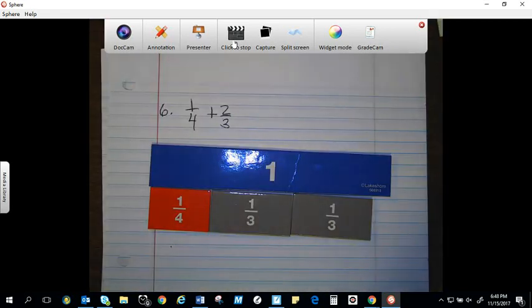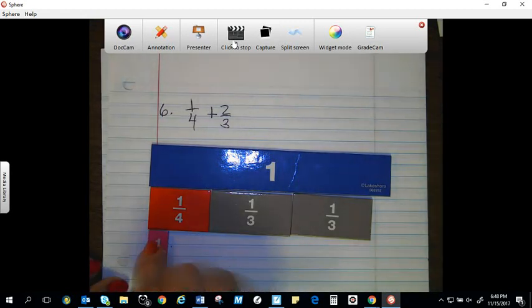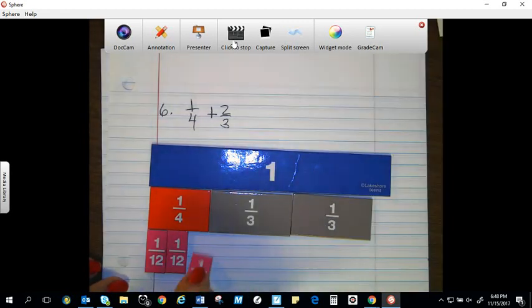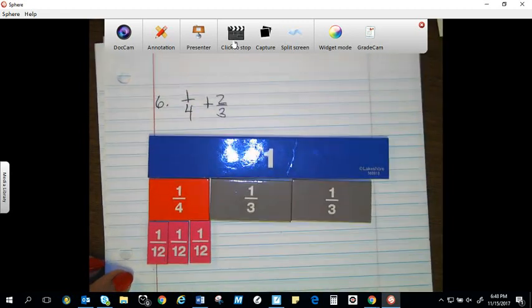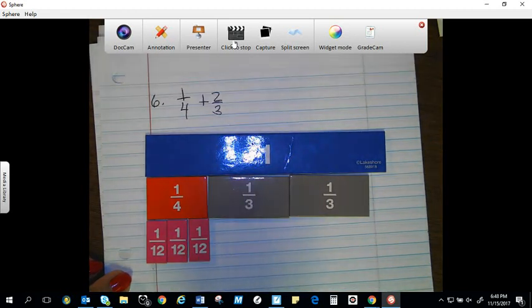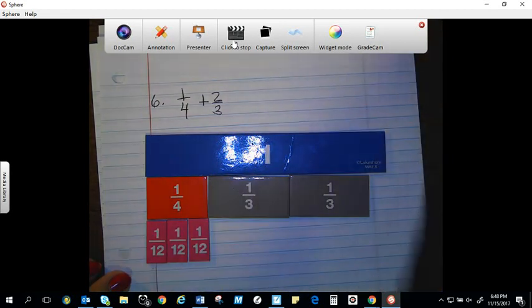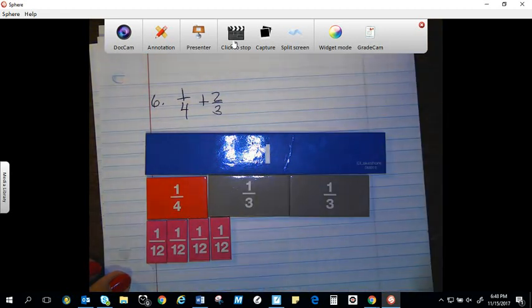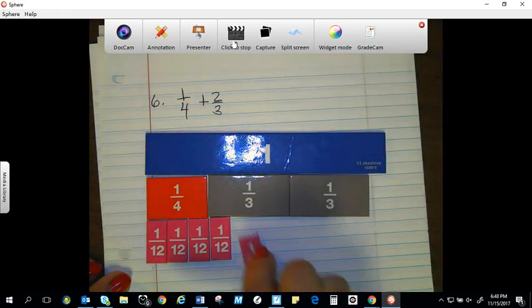So I'm going to take my 12s, and it's 1, 2, 3, and so now I know that 1/4 is equivalent to 3/12 plus, and then I'm going to move this over here, 1, 2, and we said it was going to be how many?